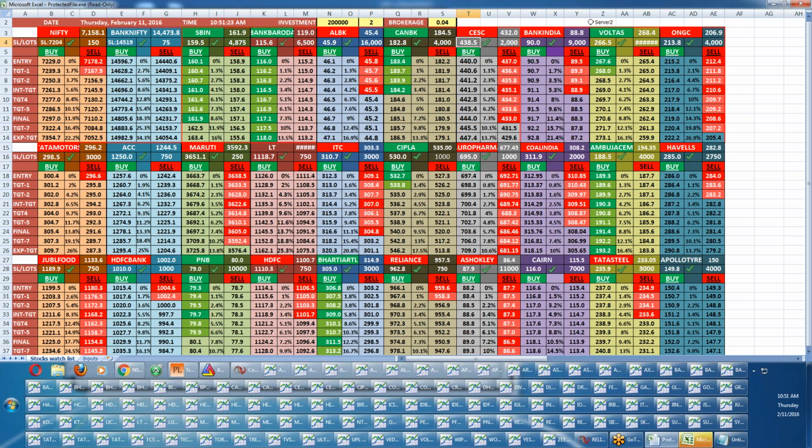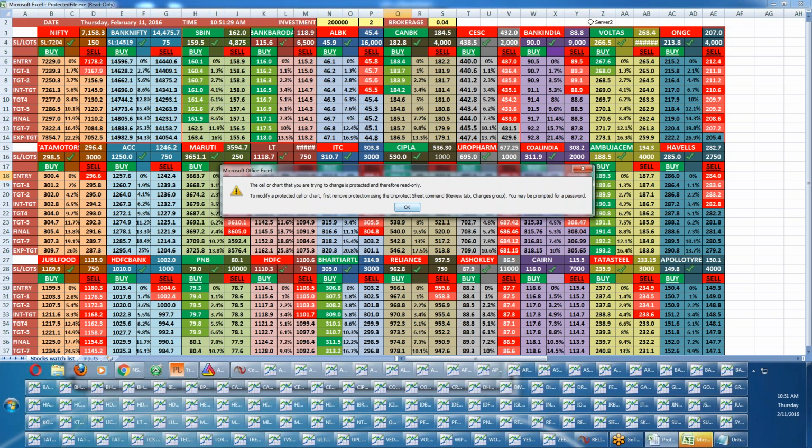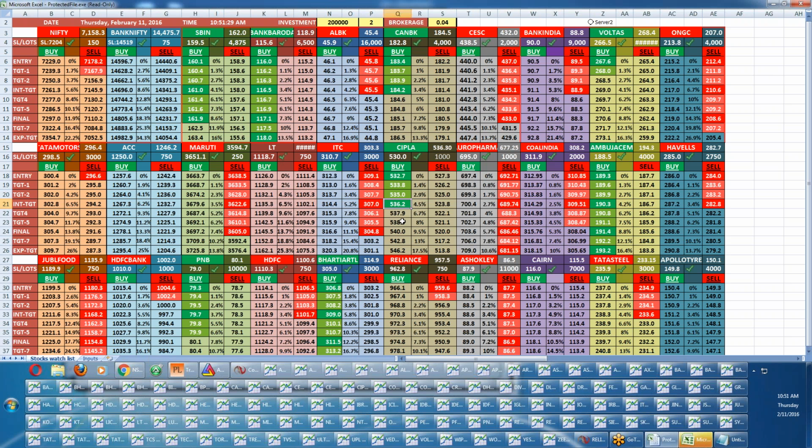So Cipla, now we have a buy call, 532.70. You can see that here. It's done its intermediate target.